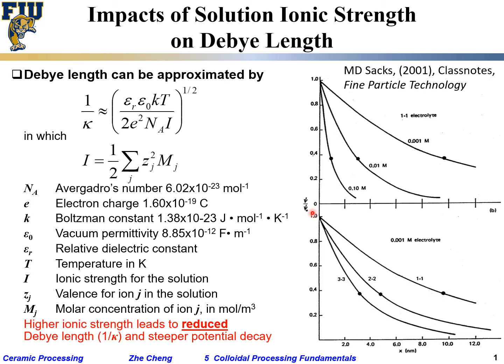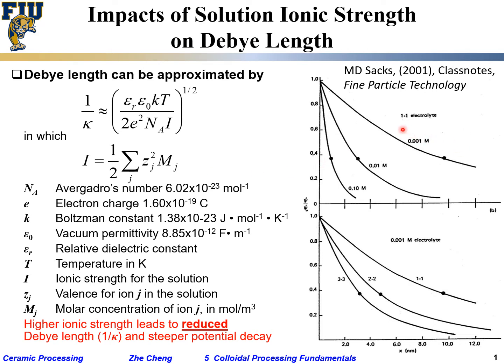And the horizontal axis would be distance in nanometers. So what we see is, let's say your solution is a 1-to-1 electrolyte, like you add sodium chloride into it, which has a concentration way higher than the proton and the hydroxy group, which means the ionic strength would pretty much be determined by the electrolyte that you are adding in.